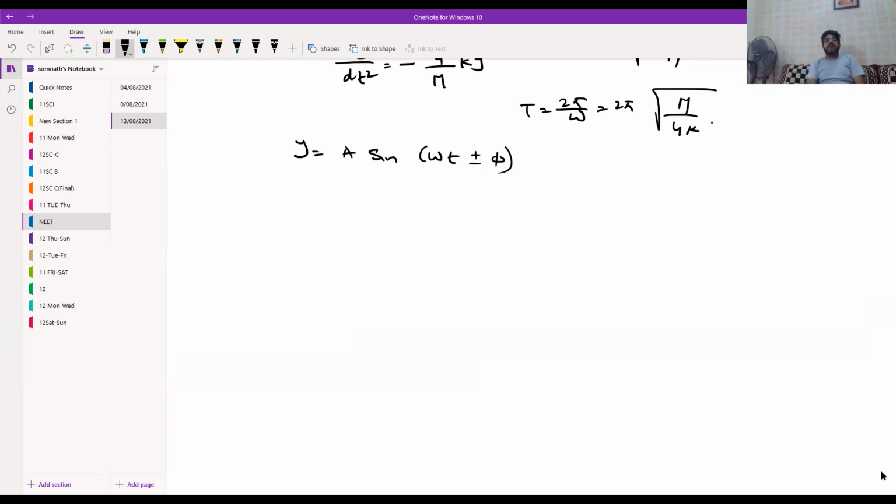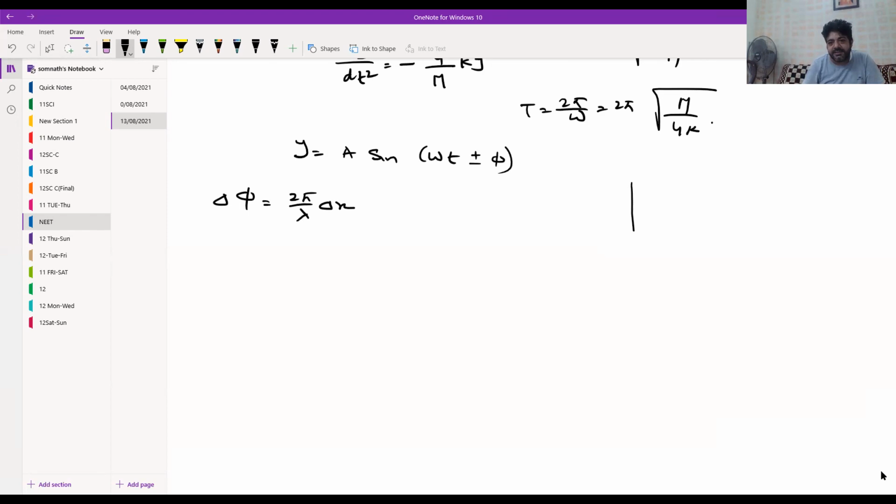Plus means the phase difference is lead, minus means the phase angle is lag. Now here all the symbols have their own meaning, like phi, that is the change in phase. If we want to compare it with respect to any other one, the phase change is 2 pi by lambda into del x.